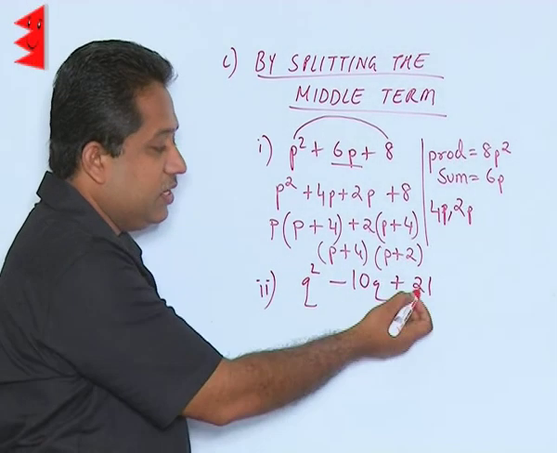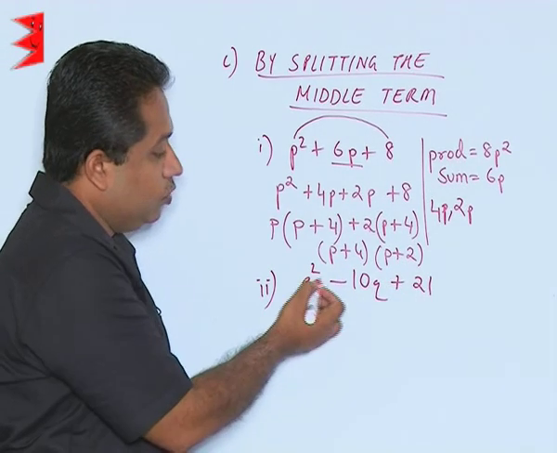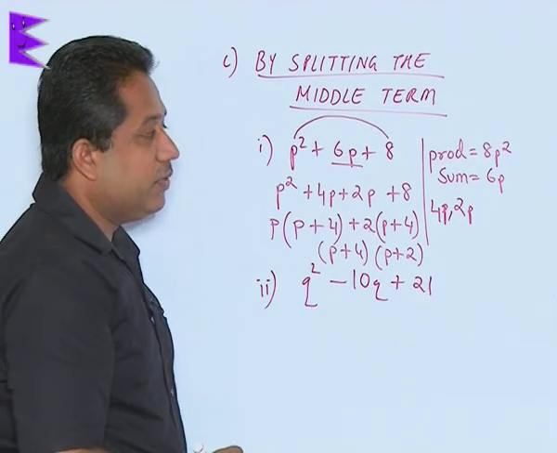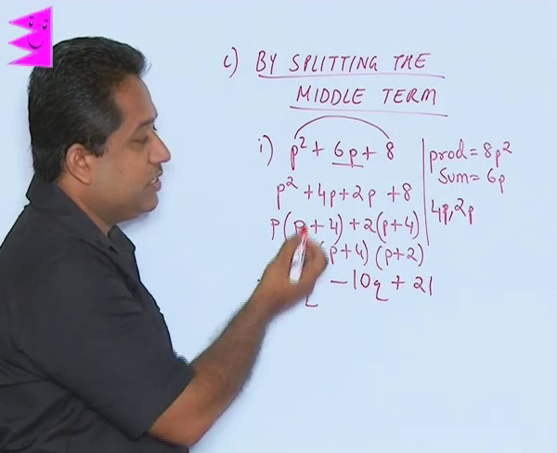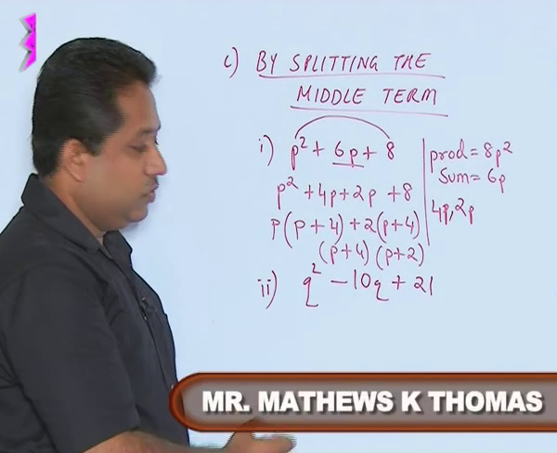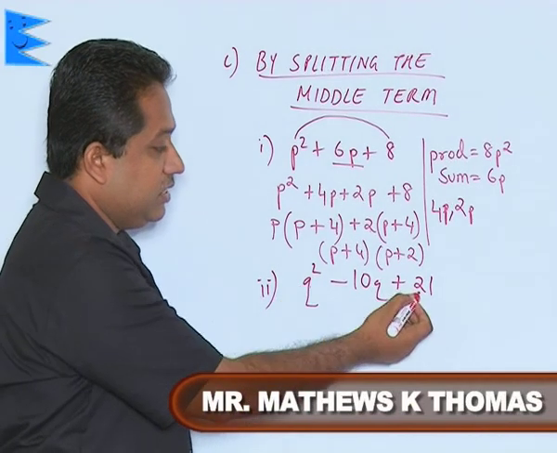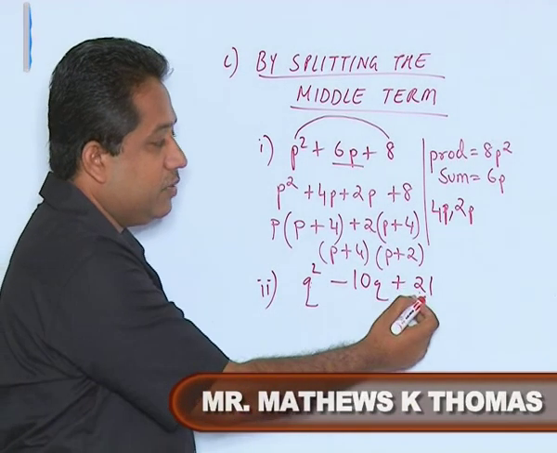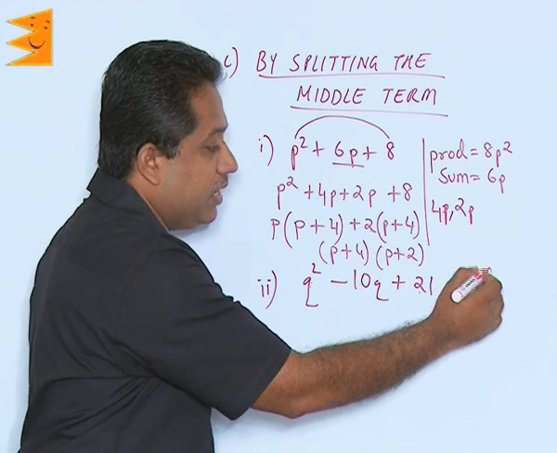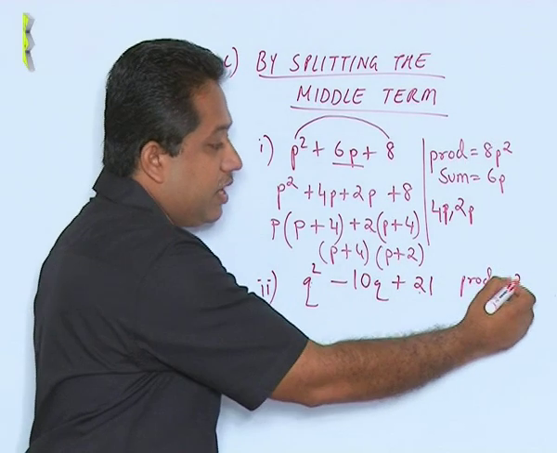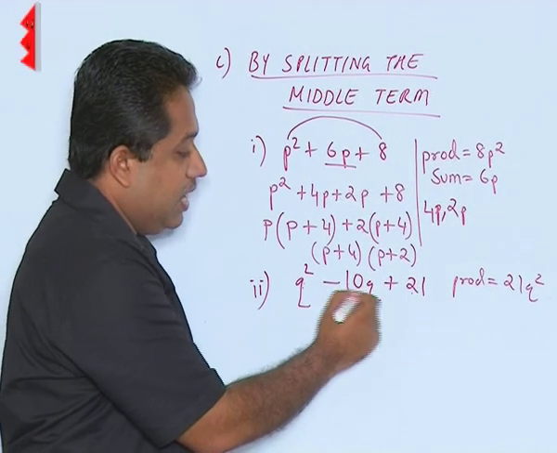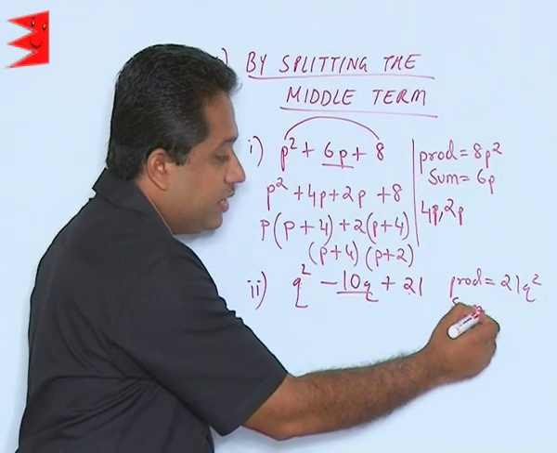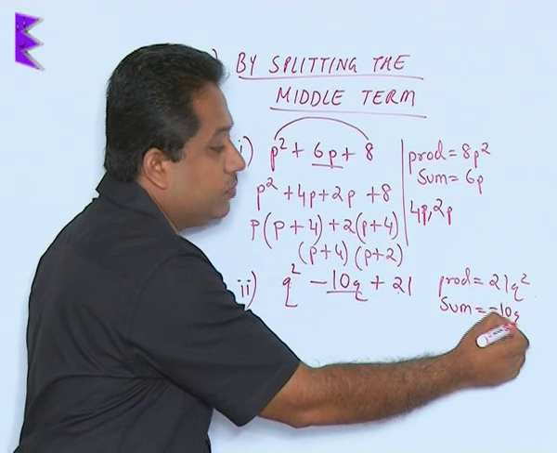Similarly, let us look at the second example here, q square minus 10q plus 21. Here also we will have to factorize this by using the same method, that is splitting the middle term. So, look at the first and the last here, terms are q square and 21. So, when I multiply q square and 21, I should get 21q square, and when I add, I should get the number in between, that is minus 10q.